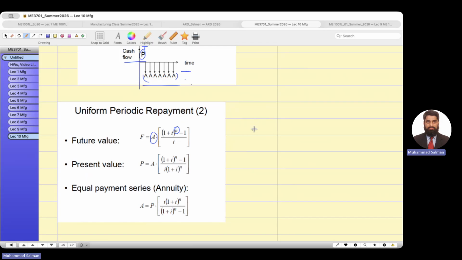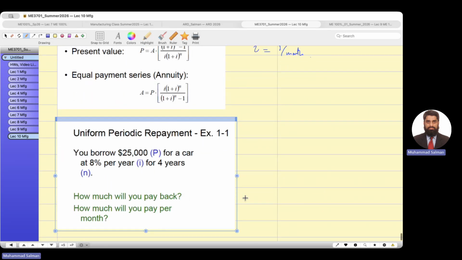But if I ask you a monthly payment, then this would be in months. And you would also replace this interest rate with the interest rate per month. These changes you would do; look at the situation when you are reading the numerical problem.